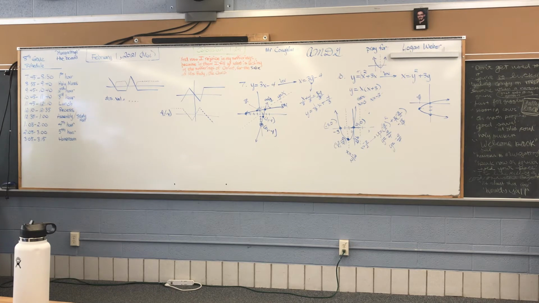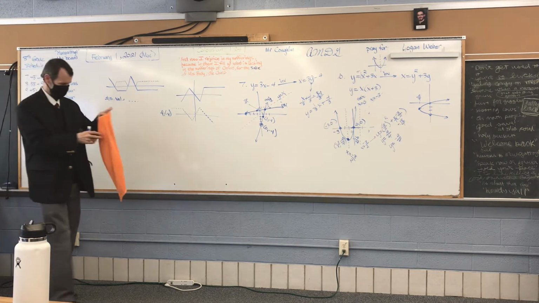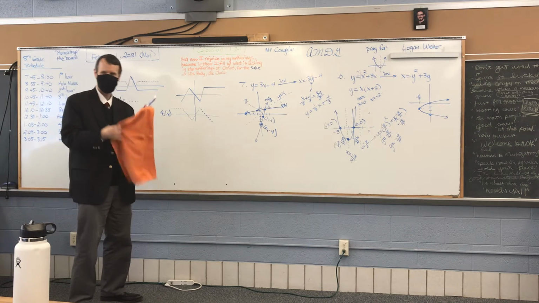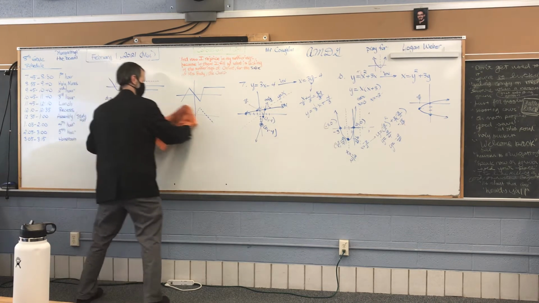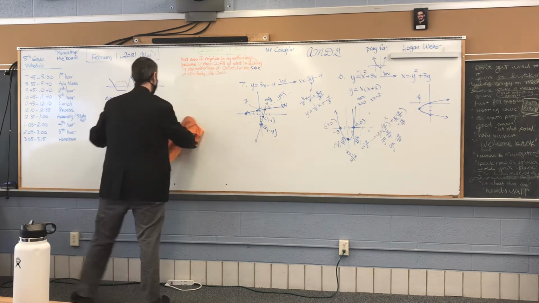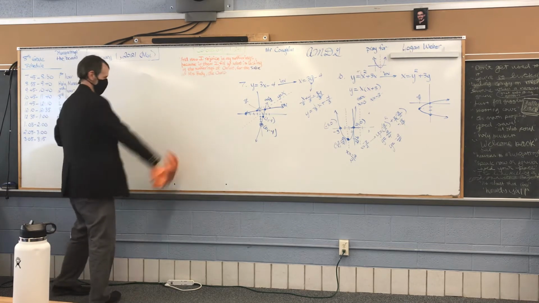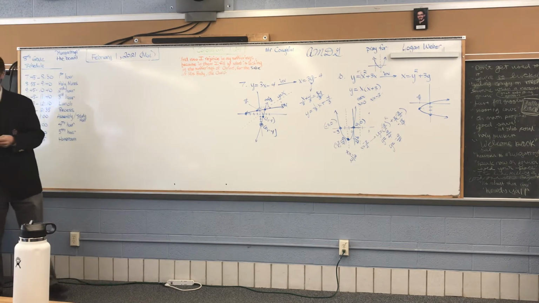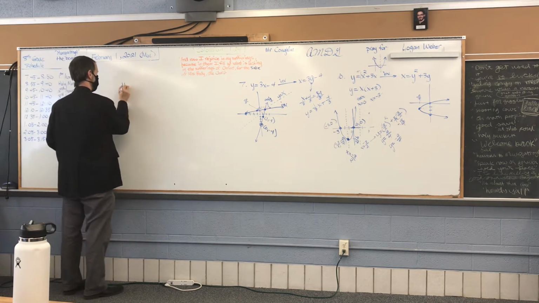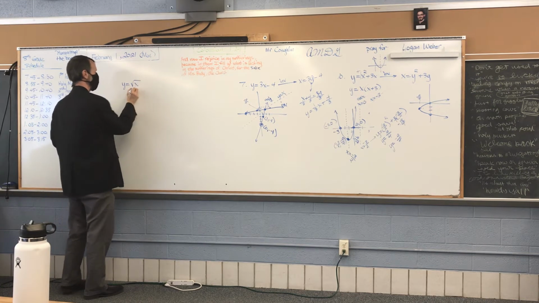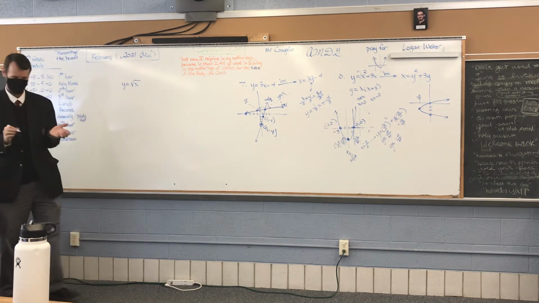Alrighty. After number 10 was 12. Y equals radical x. Now today, I'll tell you what we're going to do later. But y equals radical x is actually one of the shapes I'd like you to become familiar with. We're going to be graphing this more and more. Y equals radical x. It is not the same as y equals square root of x.